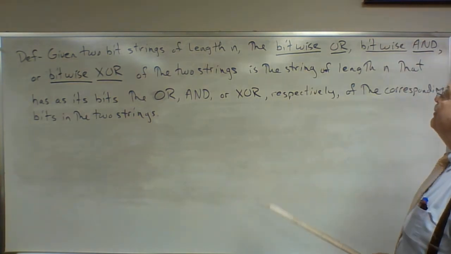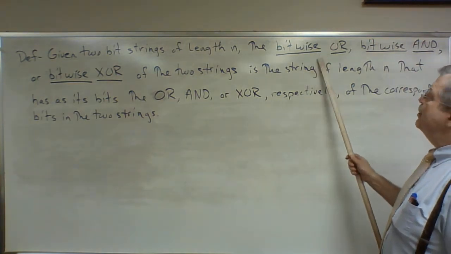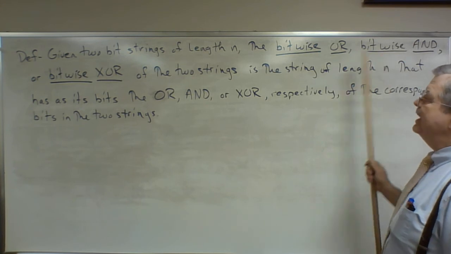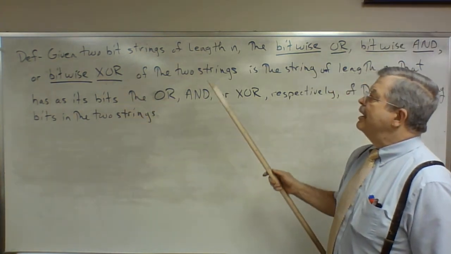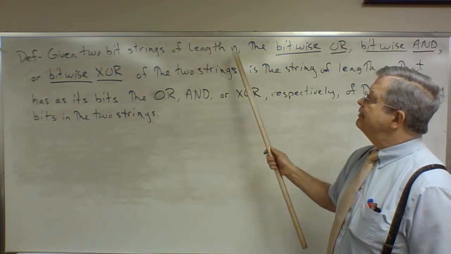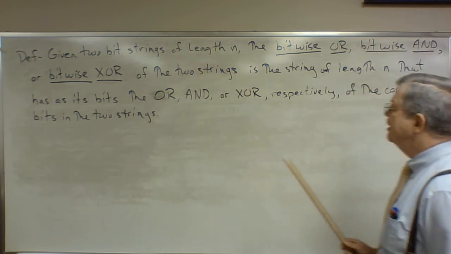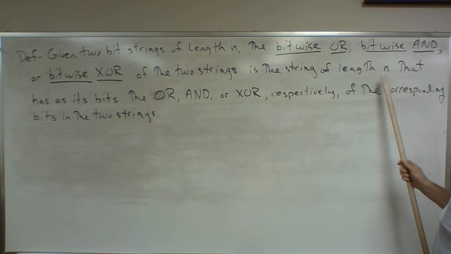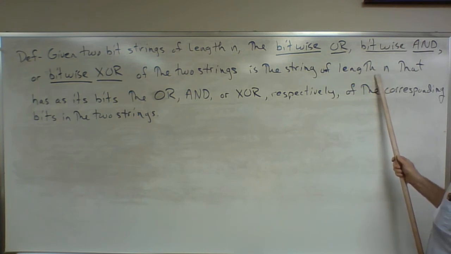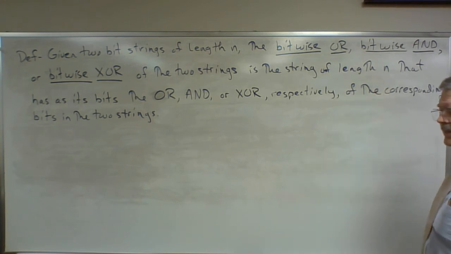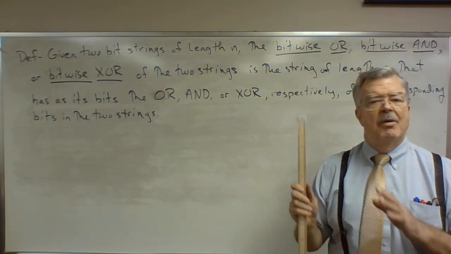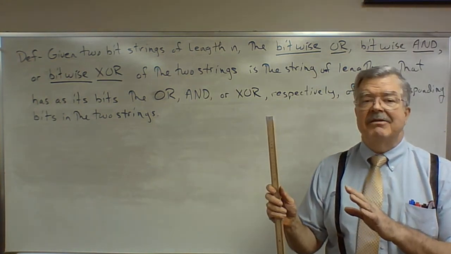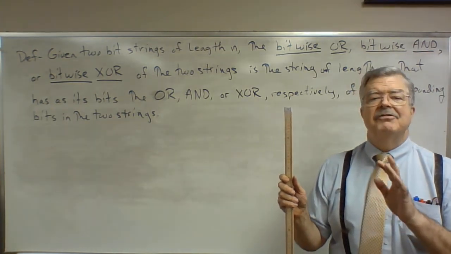So first of all, if we compute a bitwise OR, a bitwise AND, or a bitwise XOR on a pair of bit strings of length n, we get another bit string of length n.